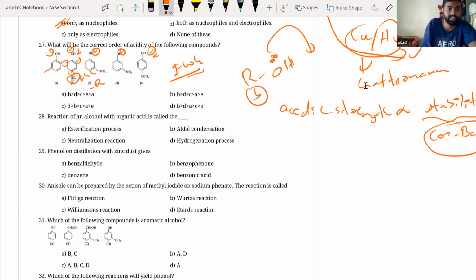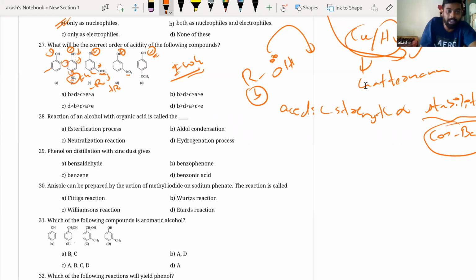Okay, right. Next. Now here I have OCH3 and I have NO2. Now OCH3, if it was there in ortho or para position, this would have been showing me plus R effect, electron donating group, right? I know there's a lone pair, it'll be donated, all this stuff can happen, right? But in its meta position, it has no effect with respect to resonance.